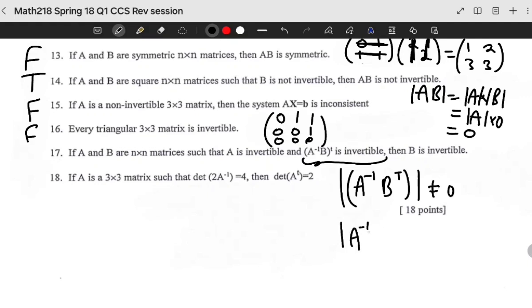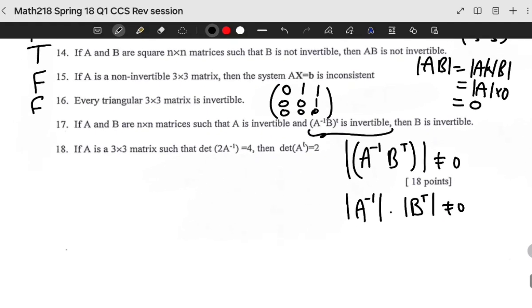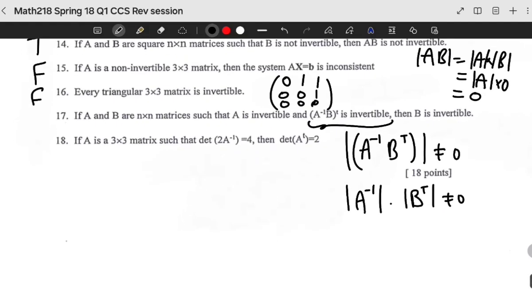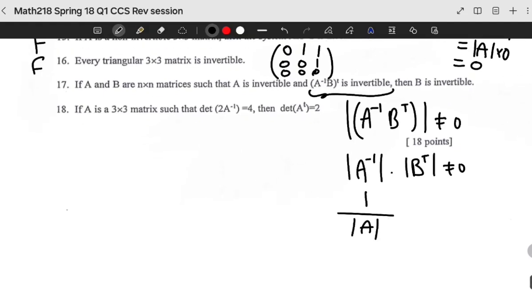If I decompose this a bit, I get A inverse times B transpose is not equal to 0. So the determinant of A inverse times the determinant of B transpose is not equal to 0. The determinant of A inverse is 1 over the determinant of A. And then I have the determinant of B transpose not equal to 0.